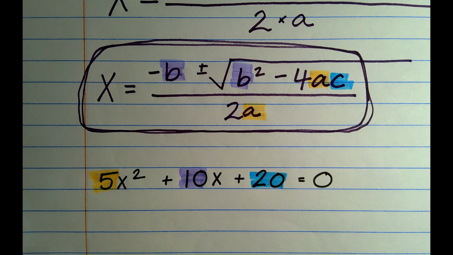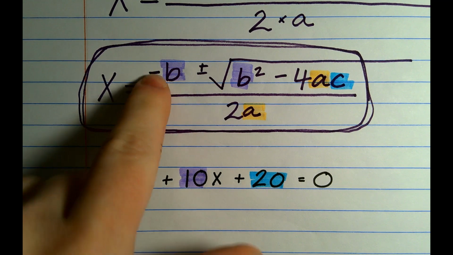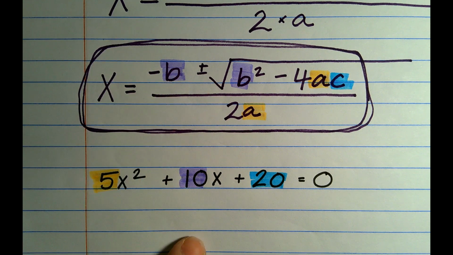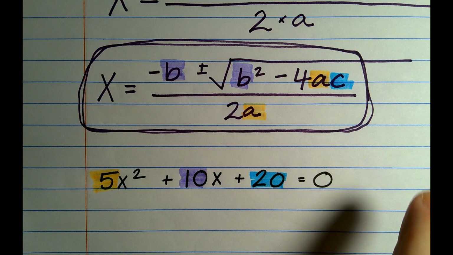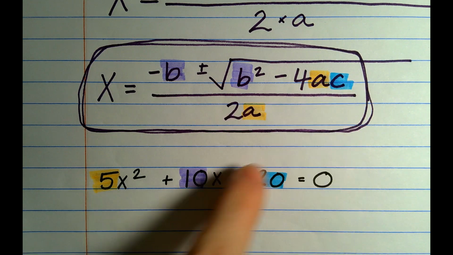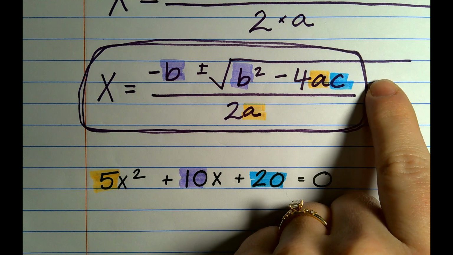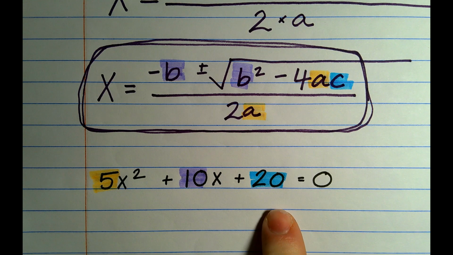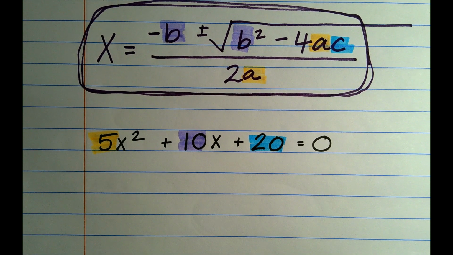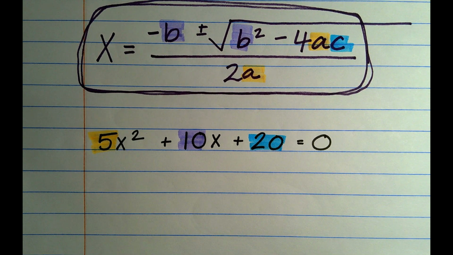Just because I know I'm just going to match purple to purple. Anywhere that I see B, that's where 10 goes. Anywhere I see A or orange, that's where 5 goes. If I see C or blue, that's where 20 goes. So let's slowly start this process of plugging numbers in.